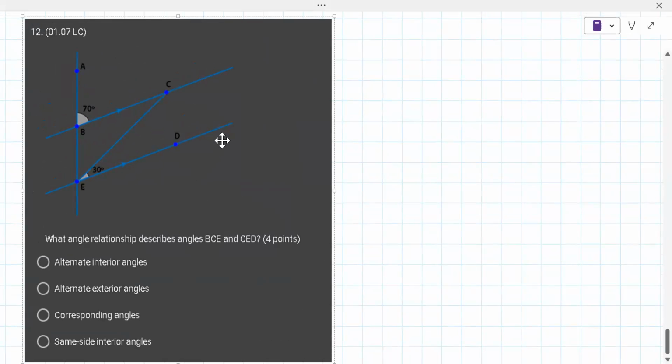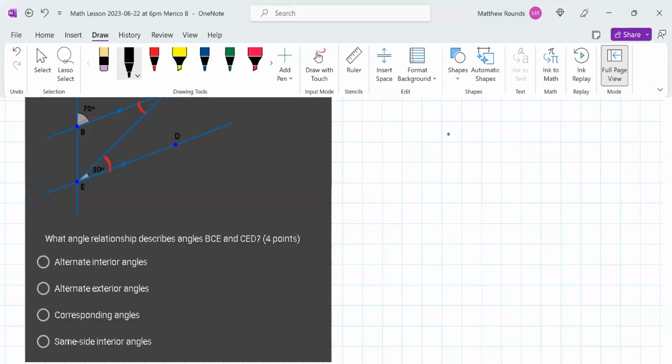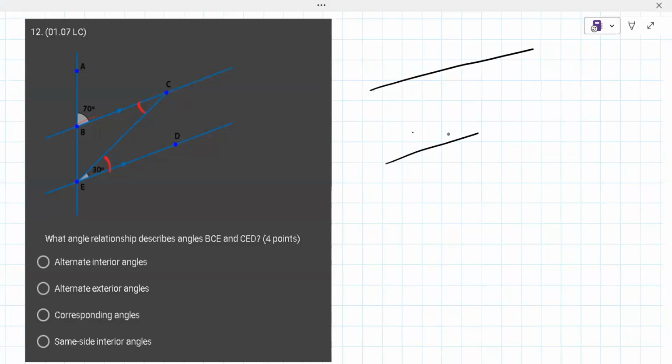Okay, great. So it says what angle relationships describe angles BCE, so this one right here, B to C to E, and then C to E to D. Now, what you should focus on here is that they're giving you two lines that are parallel.